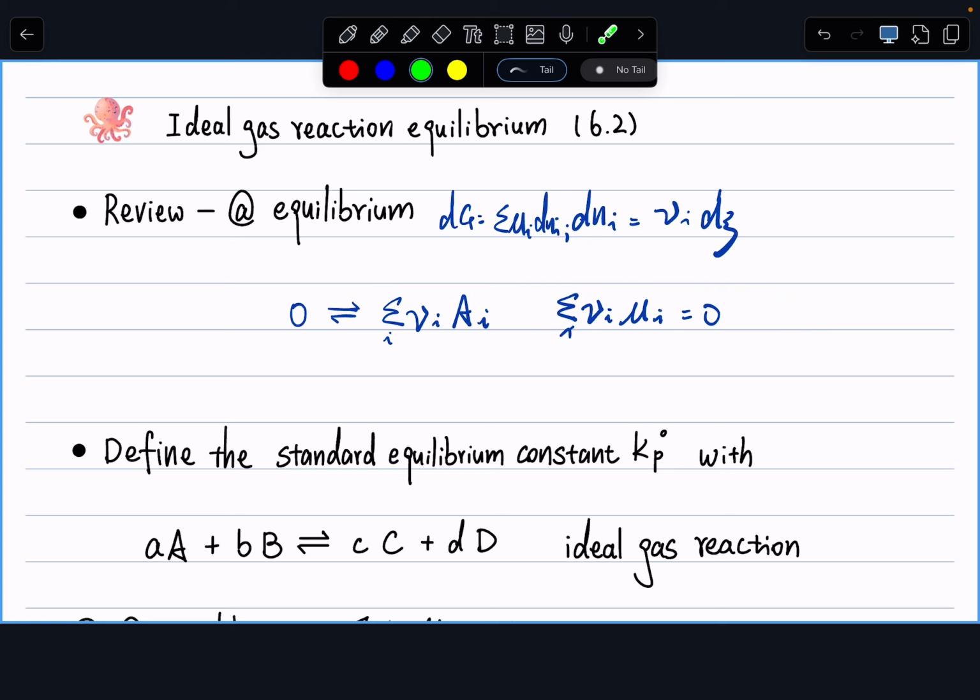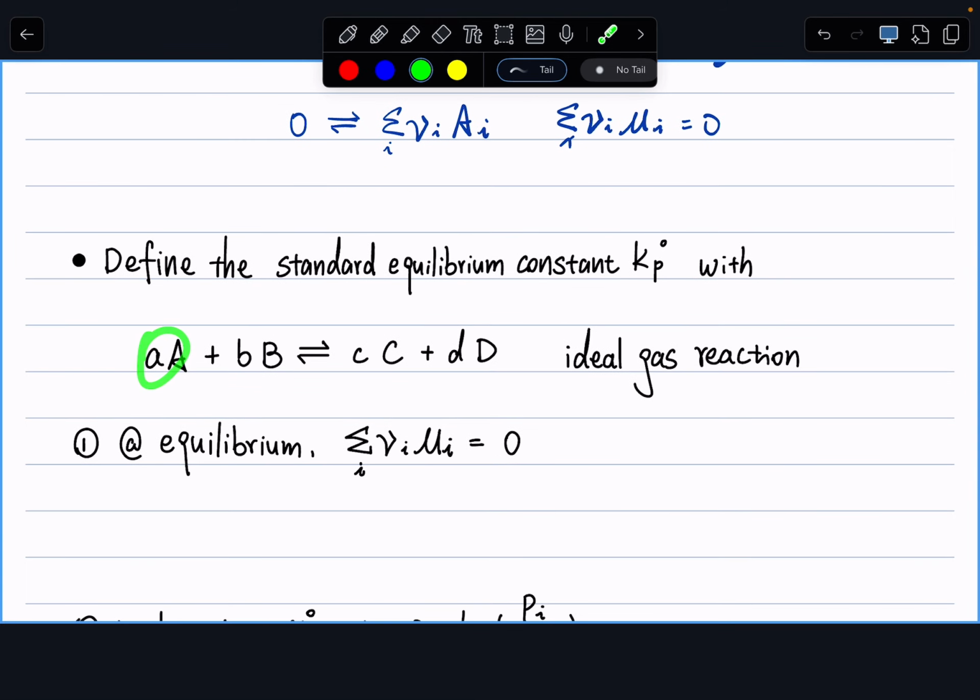And let's look at a sample reaction. Let's say we have aA plus bB goes to cC plus dD. Imagine this is an ideal gas reaction, meaning everything involved in this reaction is an ideal gas. And let's look at what we know based on our previous understanding.